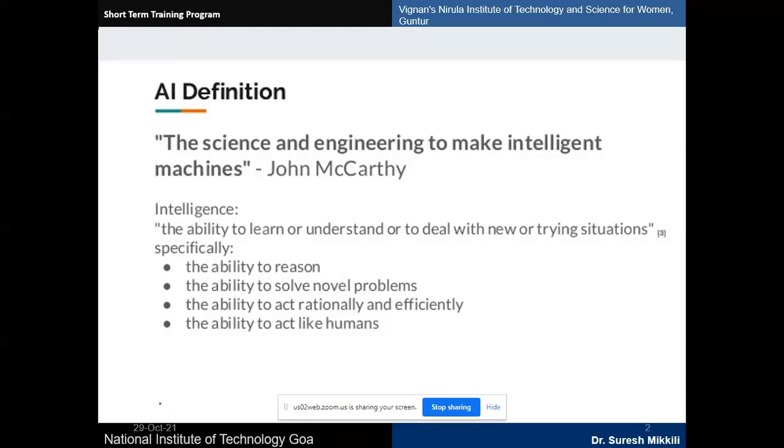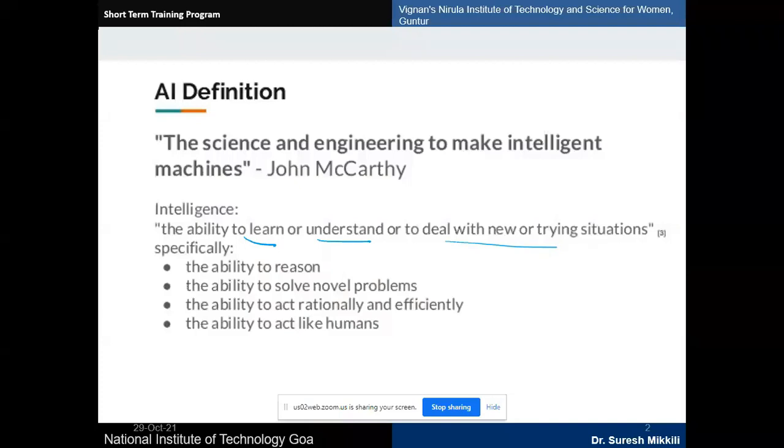The AI machines whatever you have designed, artificial intelligence machines, have the ability to learn. They will learn, understand and deal with new situations. Try to understand, it has the ability to learn. When I design an AI system, it may be fuzzy control based, it may be neural network based, or machine learning, or maybe deep learning, whatever it may be.